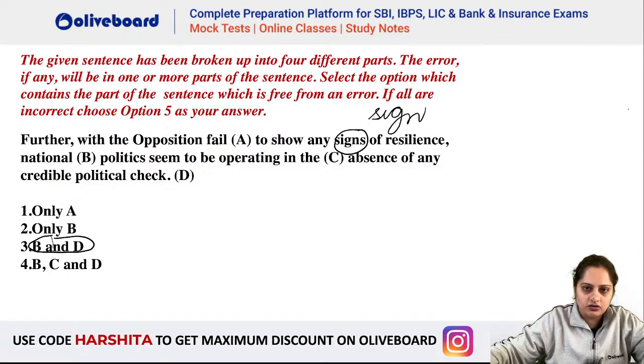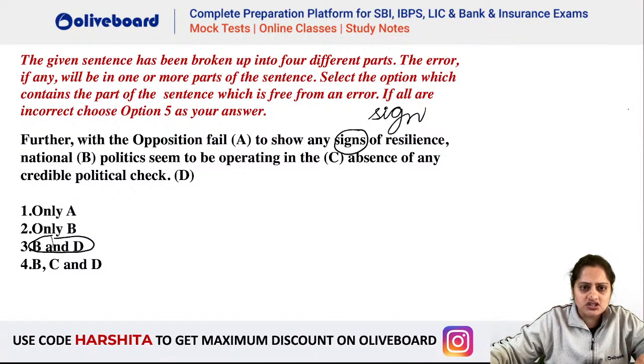Any sign. With the opposition failing to show any sign of resilience, national politics seem to be operating in the absence of any credible political check. Any credible political checks will not come.